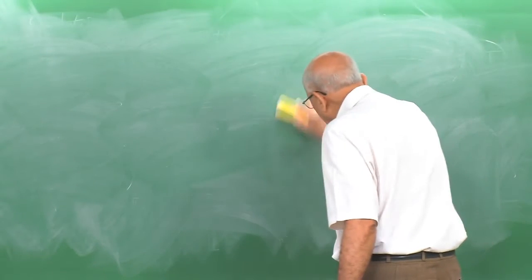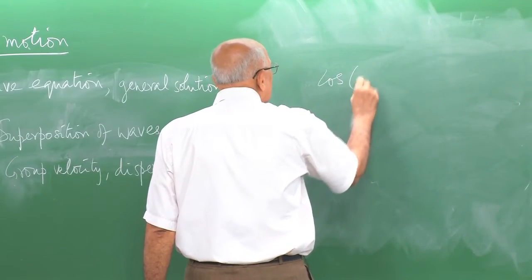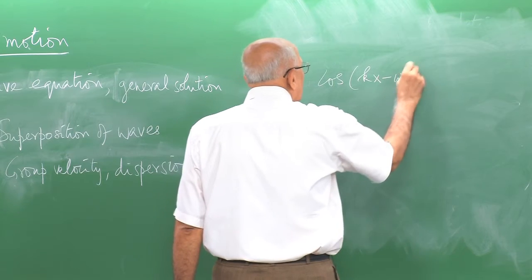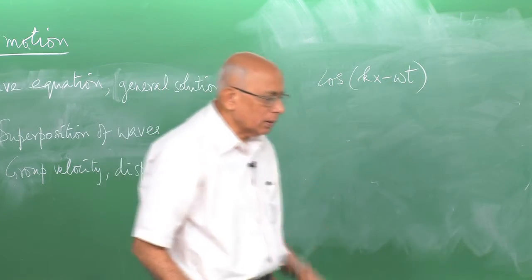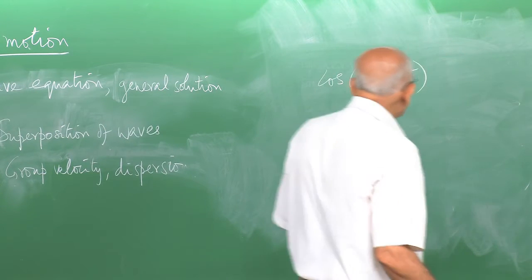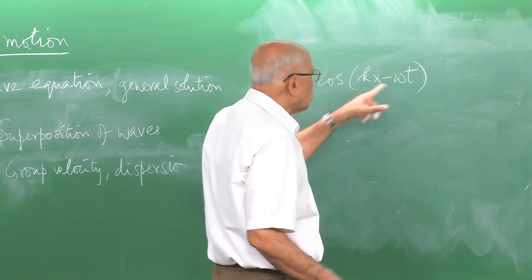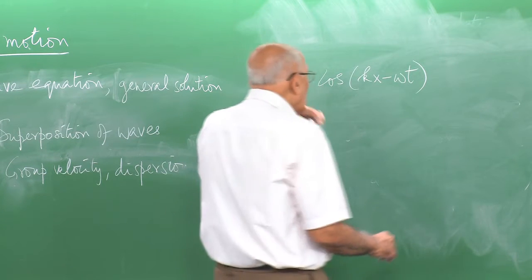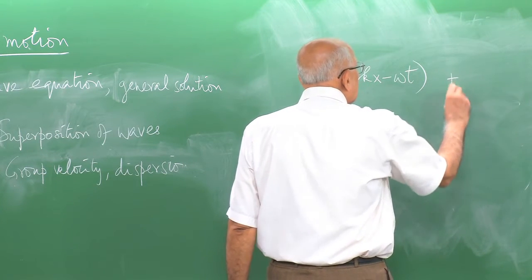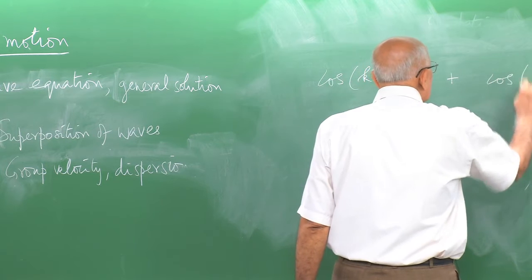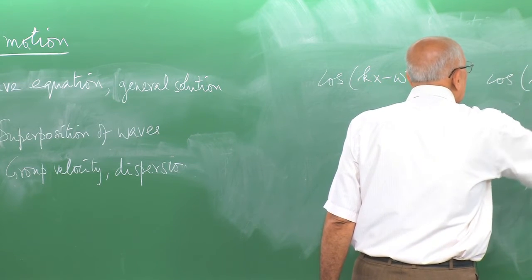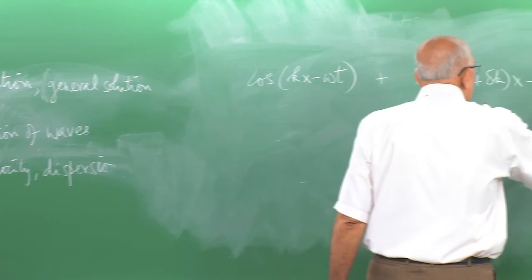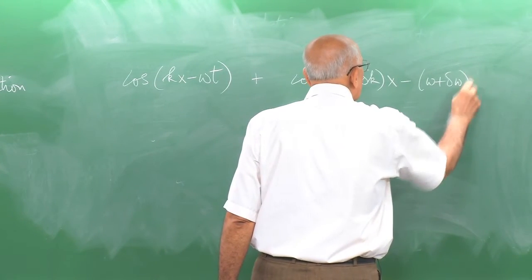So let us suppose that we have 2 waves, one of which is a cosine of kx minus omega t, a travelling wave in the x direction, a one-dimensional wave with a wave velocity which is omega over k, and along with it at the same time the medium has a disturbance which is cosine of (k plus delta k) x minus (omega plus delta omega) t.